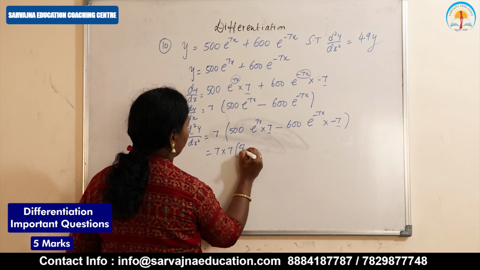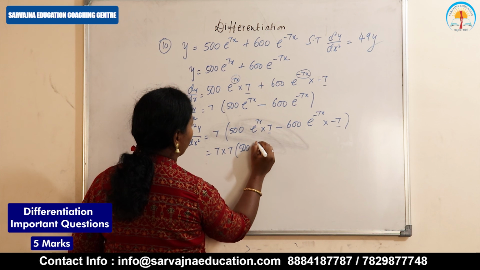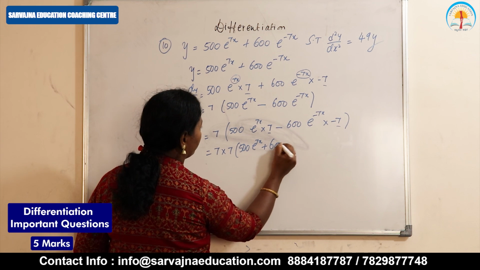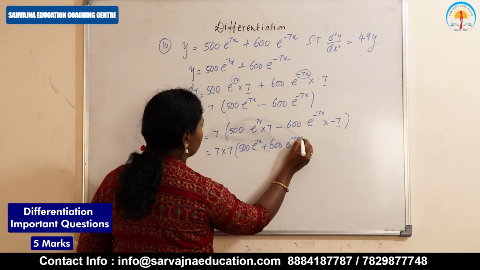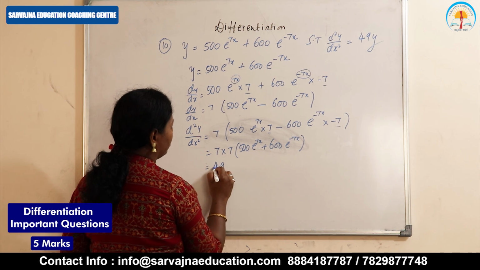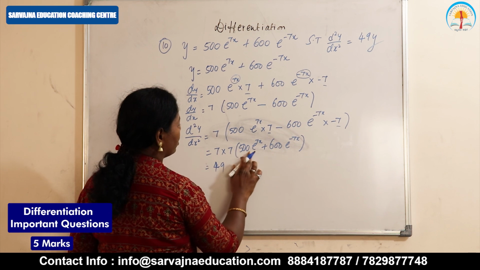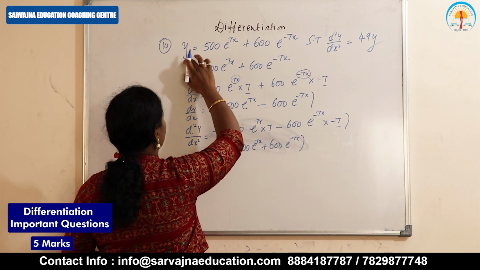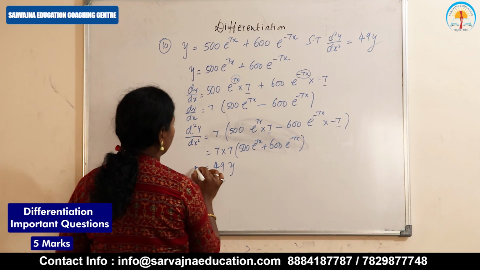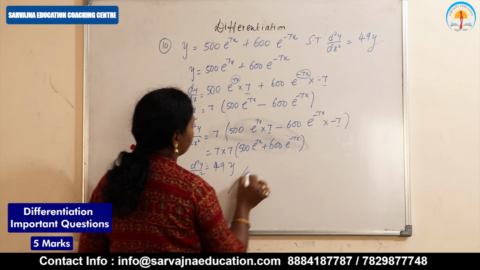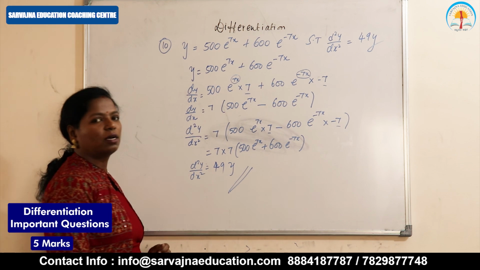So it is 500 e to the power of 7x plus 600 e to the power of minus 7x. So now 7 7s are 49, and you have to observe that 500 e power 7x plus 600 e power minus 7x is nothing but the question, that is y, correct? So d square y by dx square is equal to 49y. Yes guys, I got the answer.